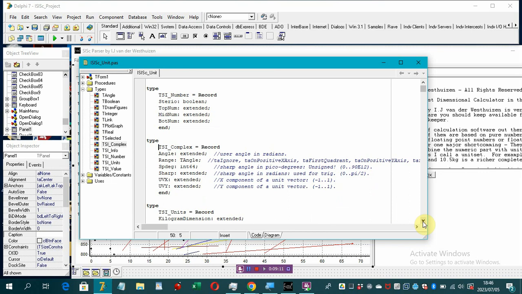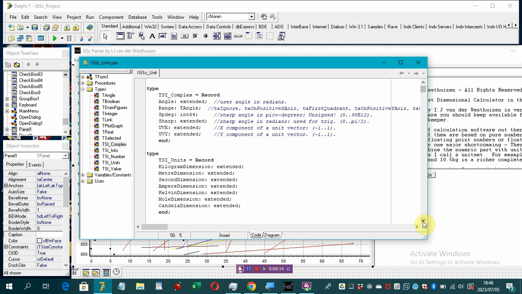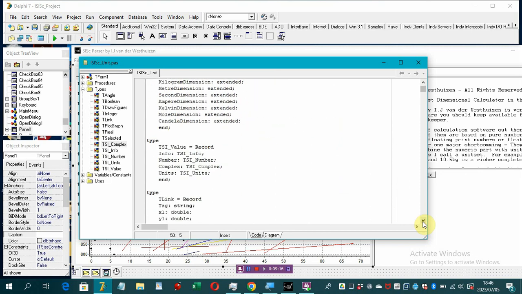Yeah, so you see it's got those components. Info, TSC info. Number, TSC number. Complex, TSC complex. Unit, TSC unit. And the whole thing is a TSC value equals a record. So this is a base type the calculator calculates with.